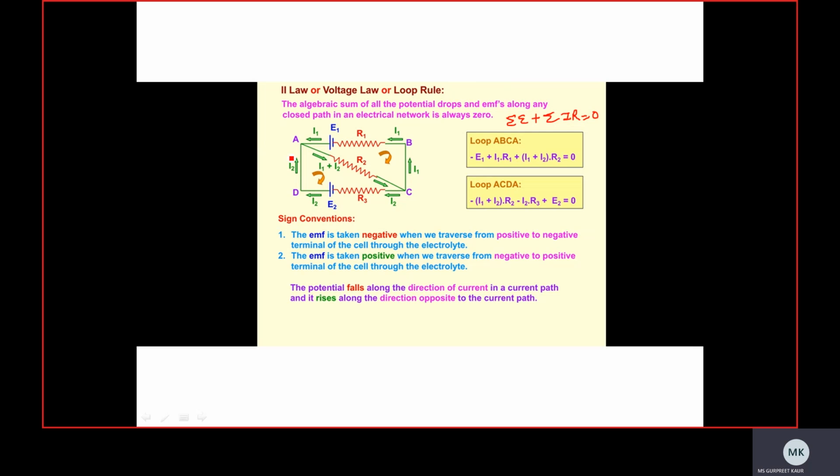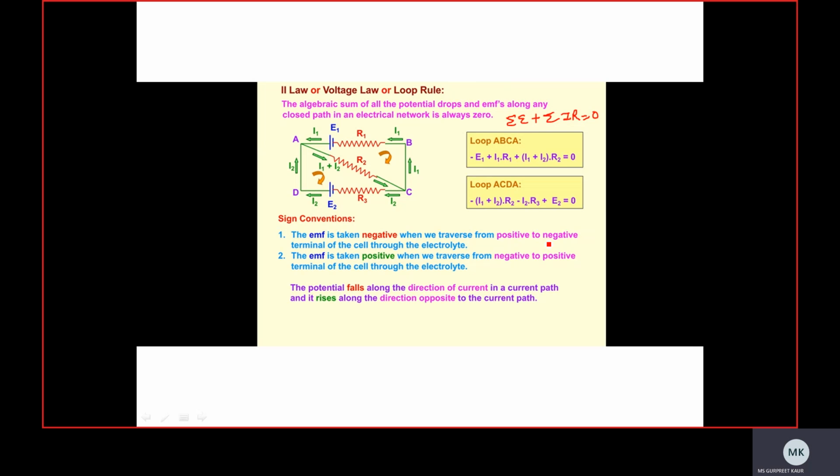To apply the voltage law, again we have some signs and conventions to be used. The first sign convention is: when you are moving in a closed path and you encounter a cell, its EMF will be taken as negative if you are going from the positive to the negative terminal of the cell through the electrolyte, and vice versa.